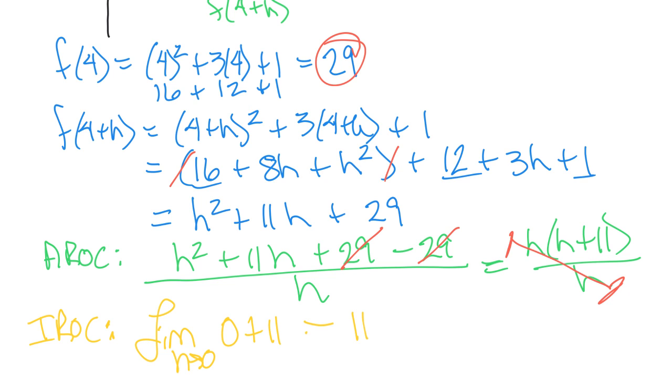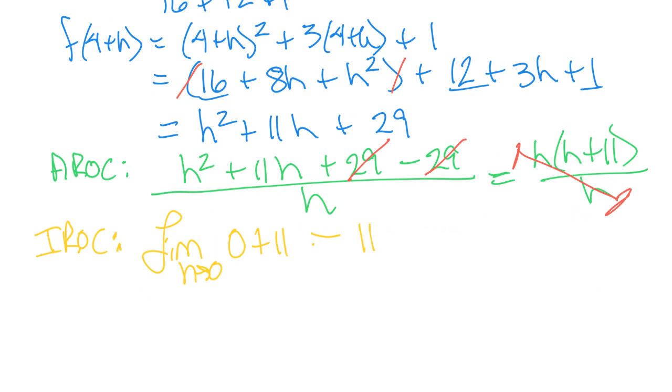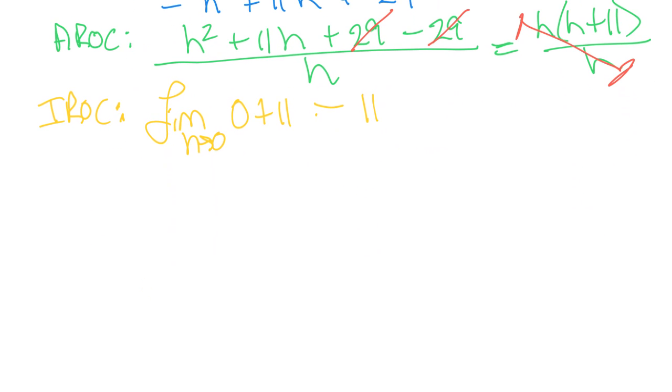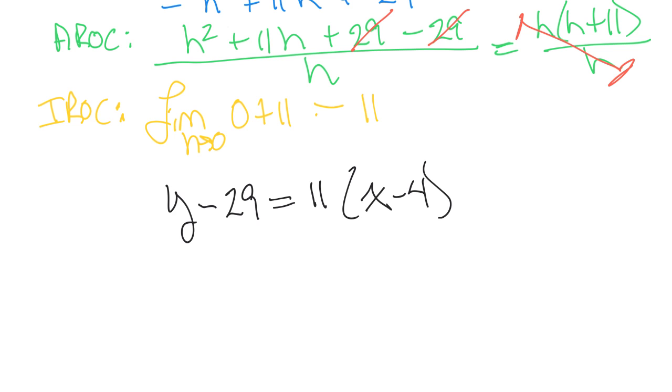All right, writing the equation, going back to y minus y1, it's going to be y minus 29 equals my slope, which is 11, times x minus 4. And then let's add that 29 to the other side.